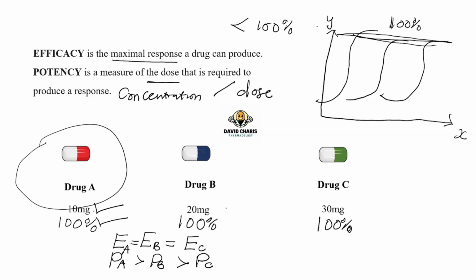You can see here, 100% efficacy. But don't forget that this is the y-axis, which is the Emax, showing the maximal response or the maximal effect. This is the x-axis, which shows the log of the dose.